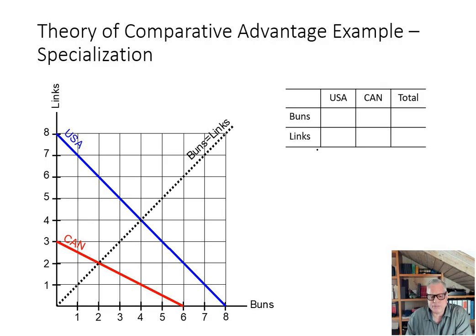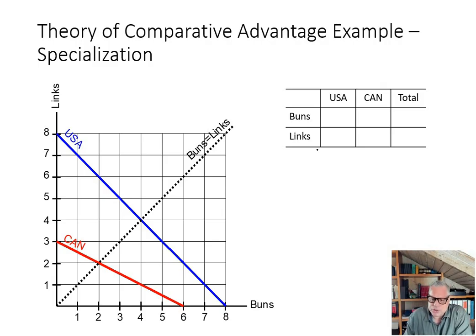So the most severe constraint is Canada, because Canada can only produce 6 buns if it fully specialized. So Canada has a comparative cost advantage in buns. If Canada produced 6 buns, then this is less than what the United States could do if it produced links. So the United States could produce 8 links, so that's less of a constraint.